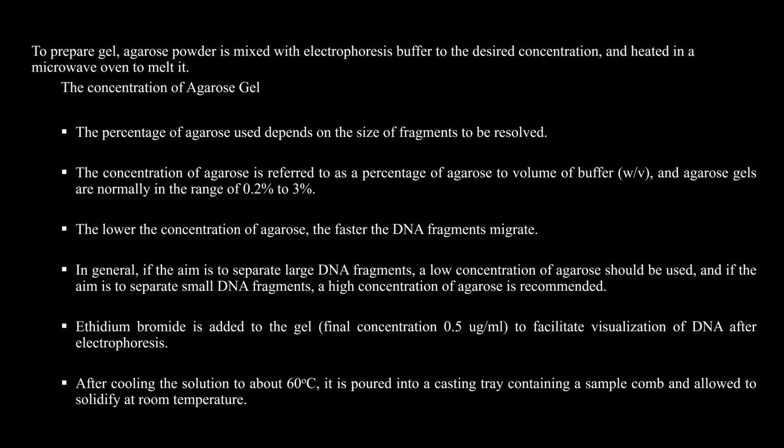The agarose gel concentration normally ranges from 0.2 to 3 percent. At lower agarose concentration, DNA fragments migrate faster. To separate small DNA fragments, a high concentration of agarose should be used, and for large fragments, a low concentration. Ethidium bromide is added to the gel at a final concentration of 0.1 to facilitate visualization of DNA after the electrophoresis.